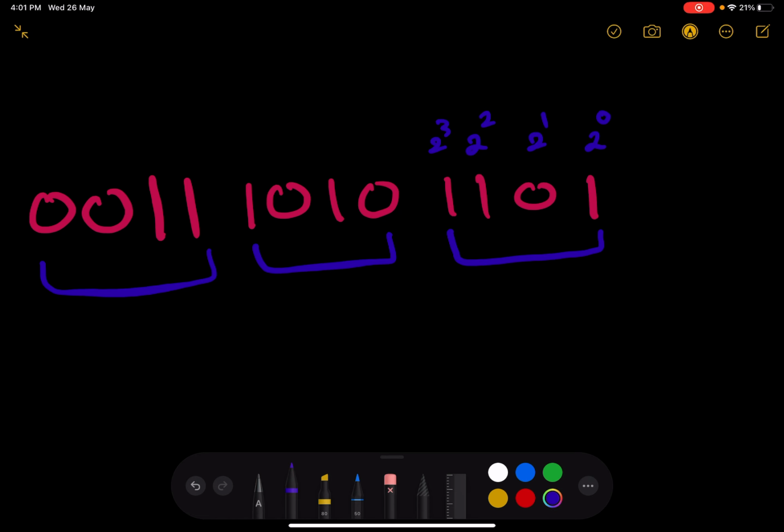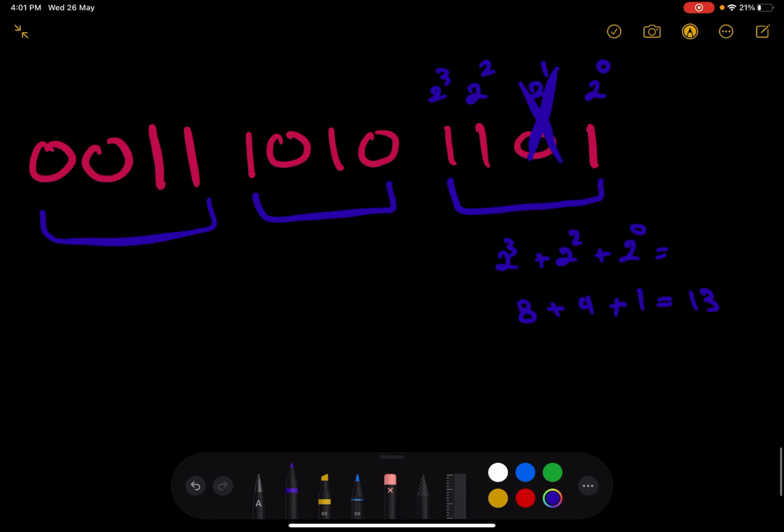Ignore any bits with zeros, so this one will be ignored. We take 2 to the power 0 plus 2 to the power 2 plus 2 to the power 3. This will give us 1 plus 4 plus 8, and then we'll end up with 13.